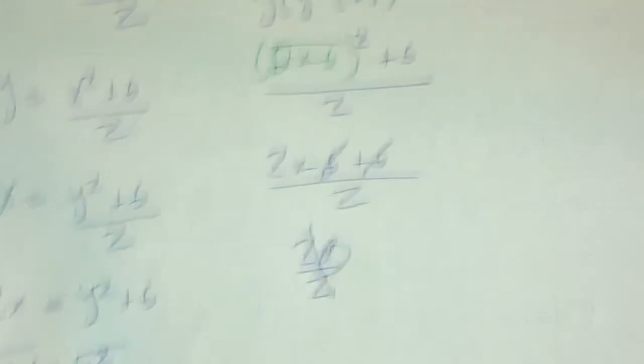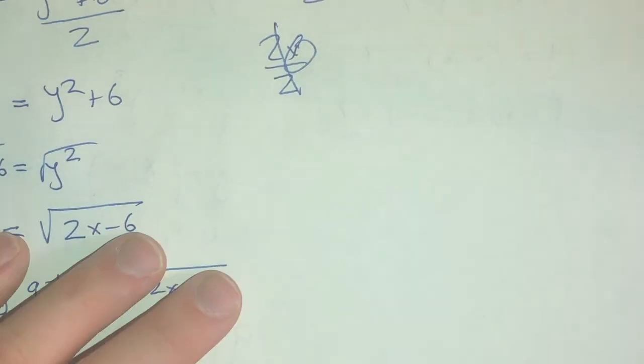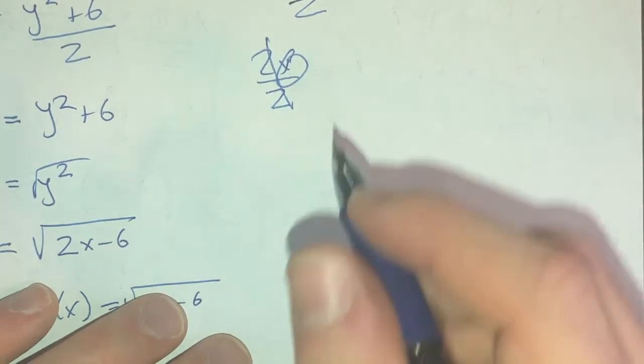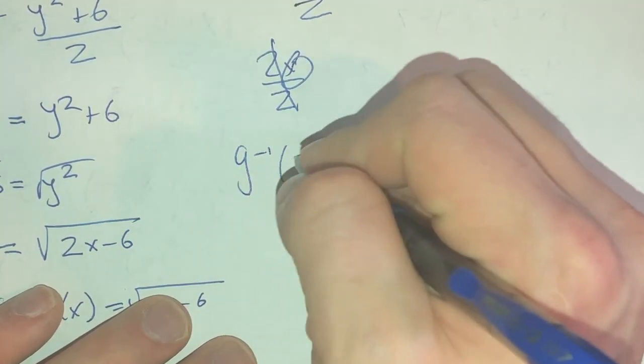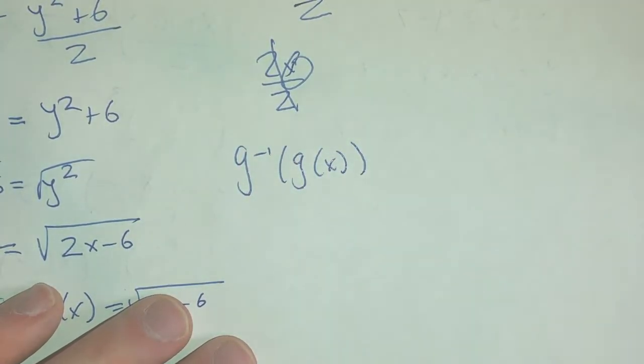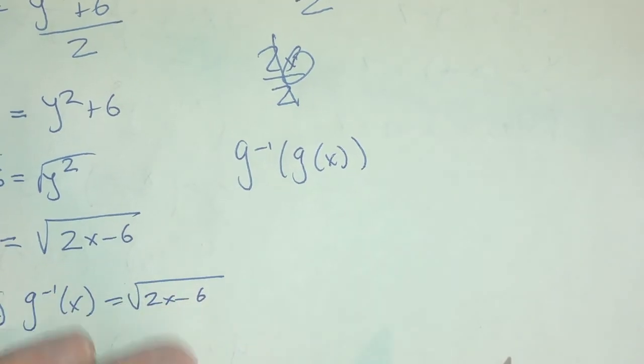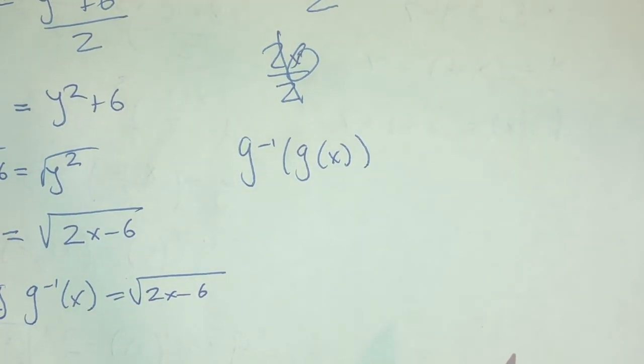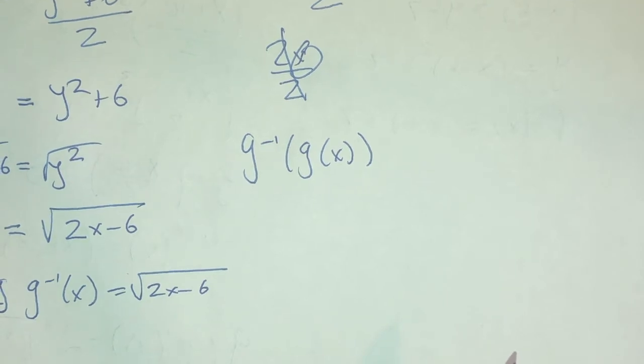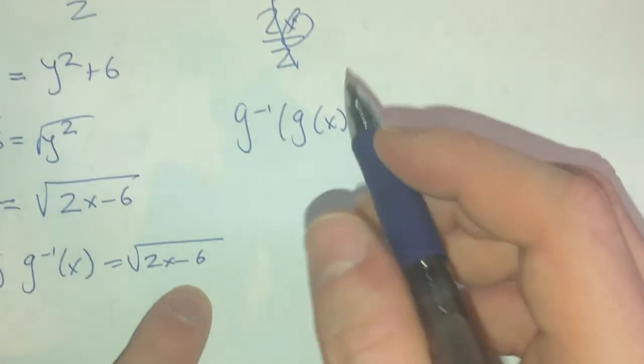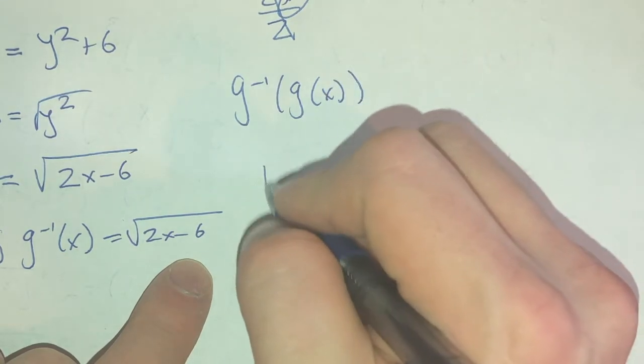Next step. I'm going to do g inverse of g of x. Okay, and when I do that, what I'm going to have to do is g into the inverse, which means start with my inverse.